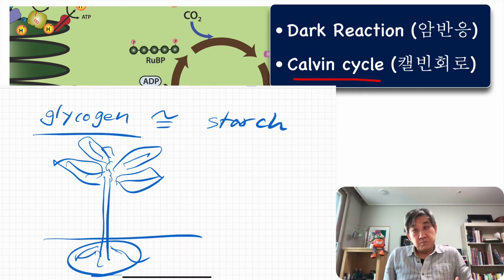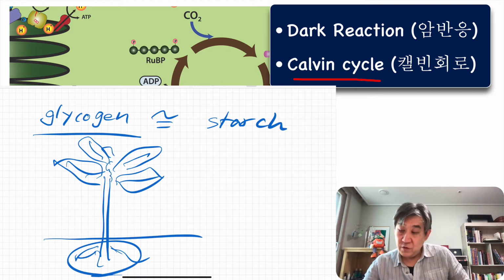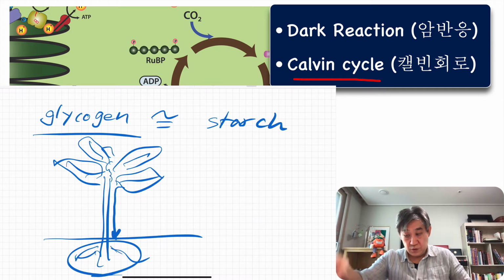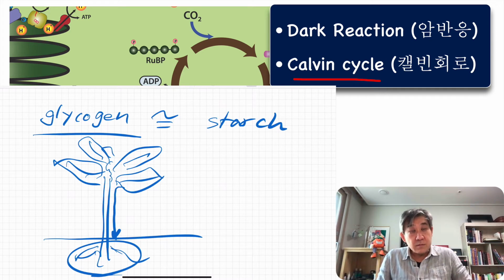They're not able to carry out their own photosynthesis, so they can easily become very hungry. So in support of those areas where they cannot photosynthesize, the photosynthetic product has to be transported into those areas.